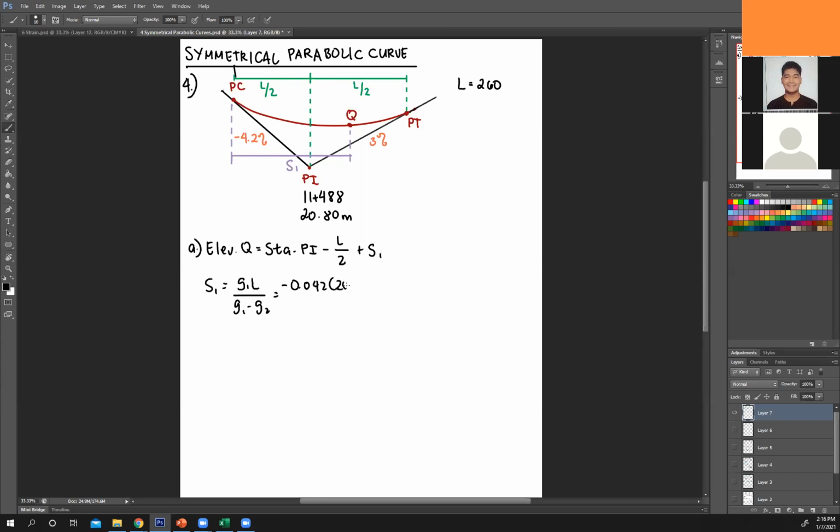L is 260. Then G1 negative 0.042 minus G2 of 3%, so positive 0.03. What's S1? Correct, Ritz. It's 151.67.